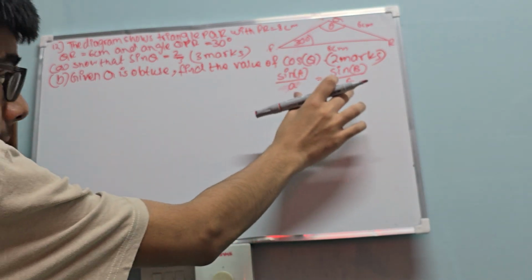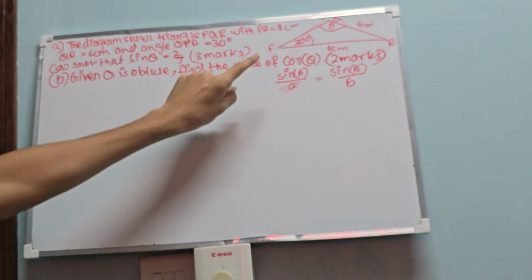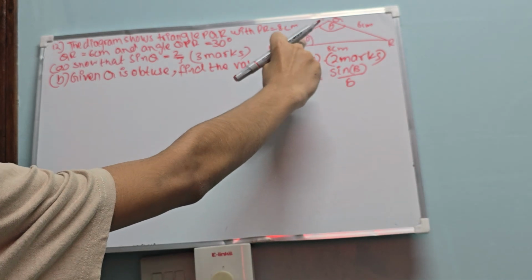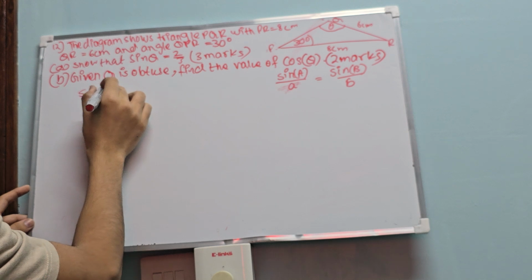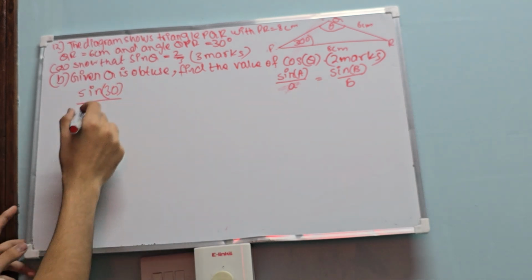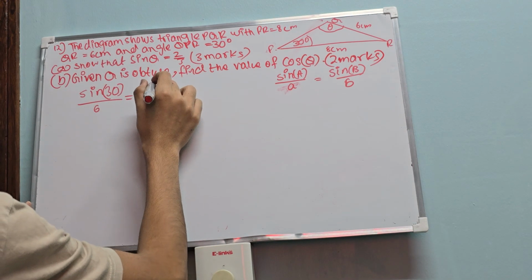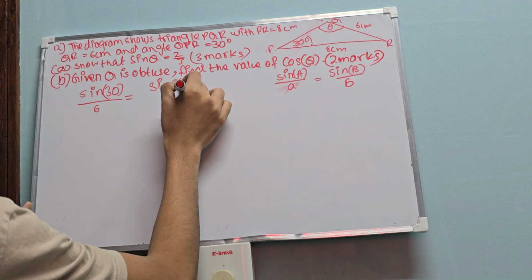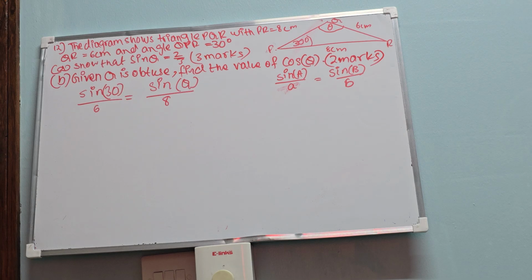This is the key fact we have to apply to find the sine of Q. We are given sine A, which is just sine of P, sine of 30 divided by 6 centimeters, is equal to sine of Q over 8 centimeters. Now from here we will be able to find sine Q.